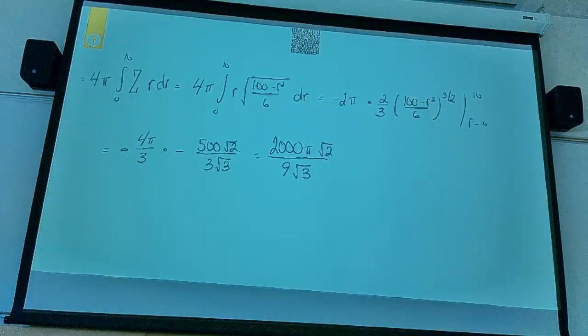Or if I get rid of that, root 2, 4,000 pi over 9 root 6. Which maybe is what we had originally, I don't know, but that's from the calculator. So that's what I'm going with.